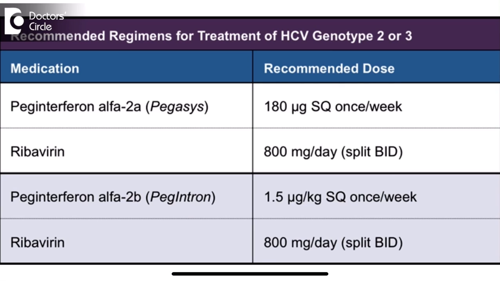And in HCV3, you have a combination of Sofosbuvir and another agent, which can be either interferon or some other drug. So these are the current treatments, but treatment of HCV itself is a rapidly changing field, and guidelines are updated regularly, and you should look up the latest treatment before starting on treatment.